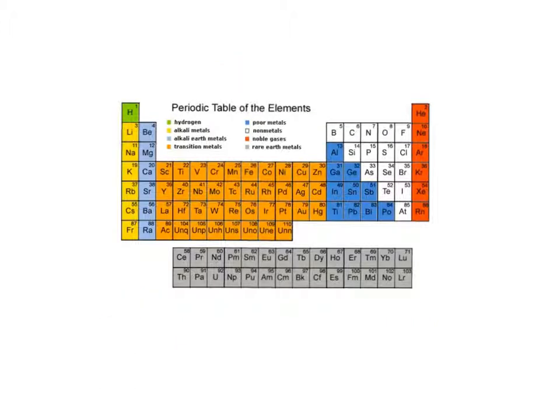Moving on to letter D. Rows on the periodic table are energy levels. There are a total of 7 energy levels. So you see that this would be energy level in row 1, energy level in row 2, 3, 4, 5, 6, and 7.